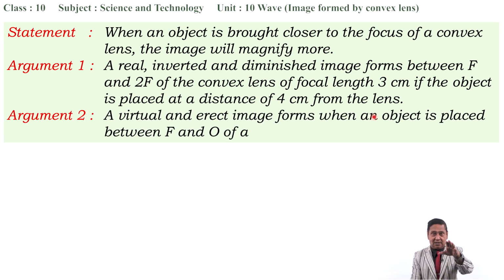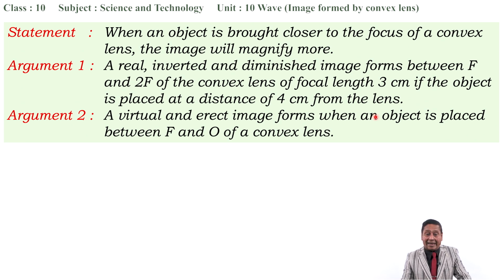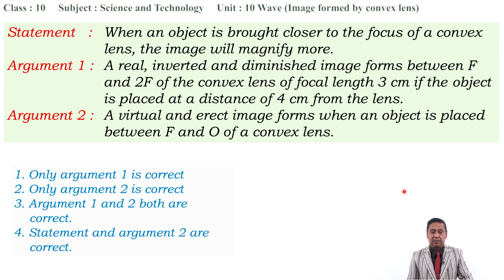Whether this is correct or not, just try to think about this, analyze it. Argument 2: A virtual and erect image forms when an object is placed between f and O of the convex lens. Looking at all these, analyzing the statement and arguments, you have to select one of the options.